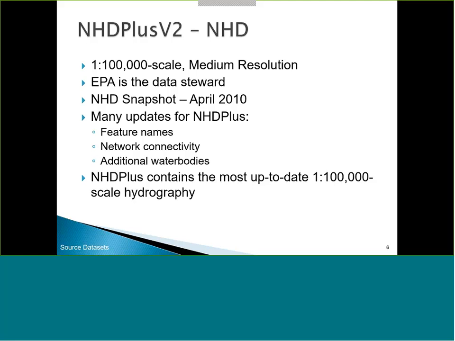We also added water bodies to support the EPA National Aquatic Resource Survey for lakes and ponds. And finally, the most up-to-date medium resolution NHD is in the NHD Plus. It is not at USGS on the NHD webpage.